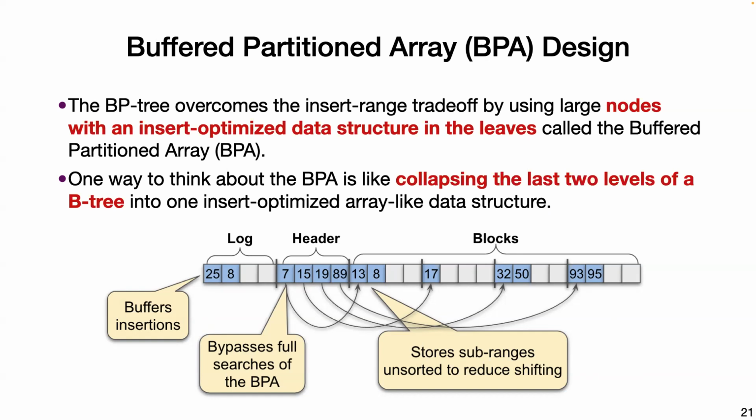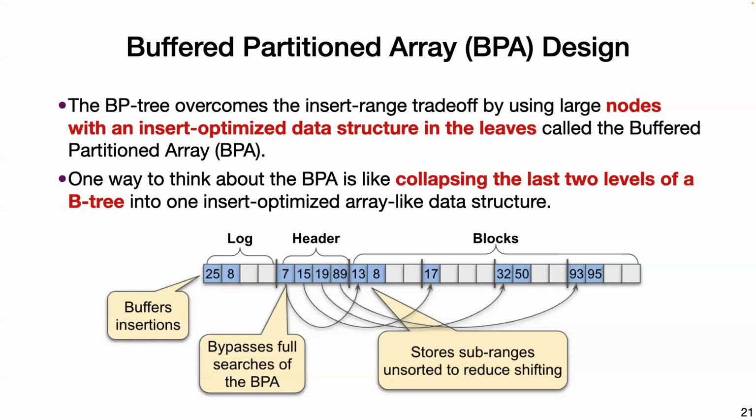The buffer just takes some ideas from write optimization. It amortizes your writes. You don't have to keep shifting everything down every time. You can create some space in front to buffer it, and then later on you flush it, just like regular buffer data structures. The reason for this header is it's very similar to the pivots. It just bypasses full searches in your array.